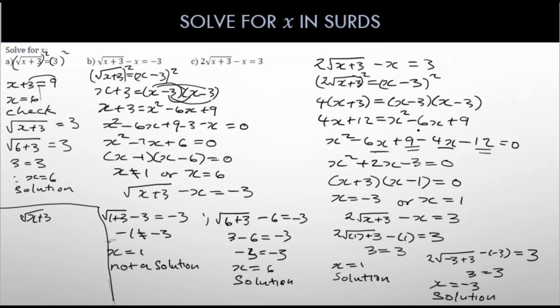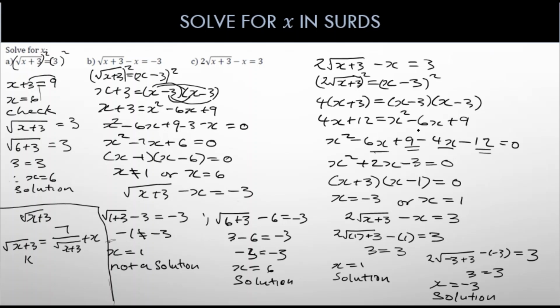So if we have, let's say for instance, root x plus 3 is equal to maybe 7 over root x plus 3 plus x. If you see the same root or surd in both sides of the equal sign, you have to use the k method.